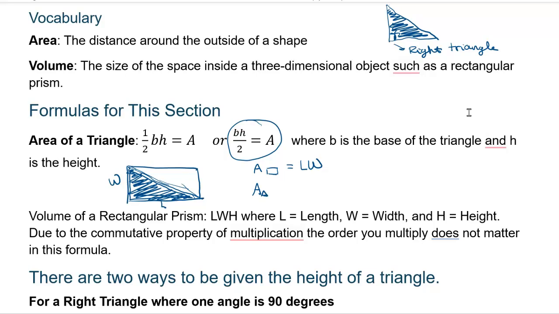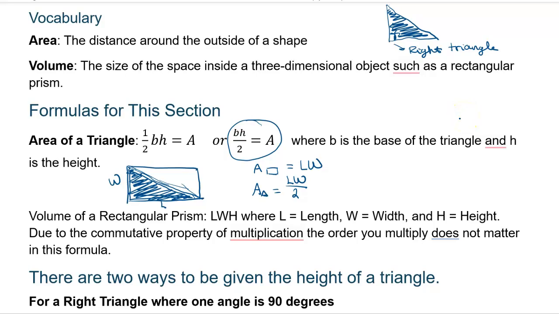I just cut that rectangle in half. So the area of the triangle is the area of the rectangle divided by 2, right? So that is where the area formula for a triangle comes from. I found that to be super helpful. So just remember, area of a rectangle divided by 2.